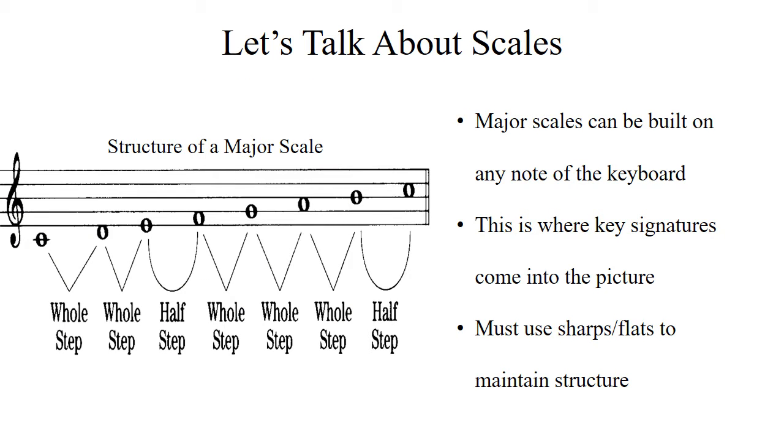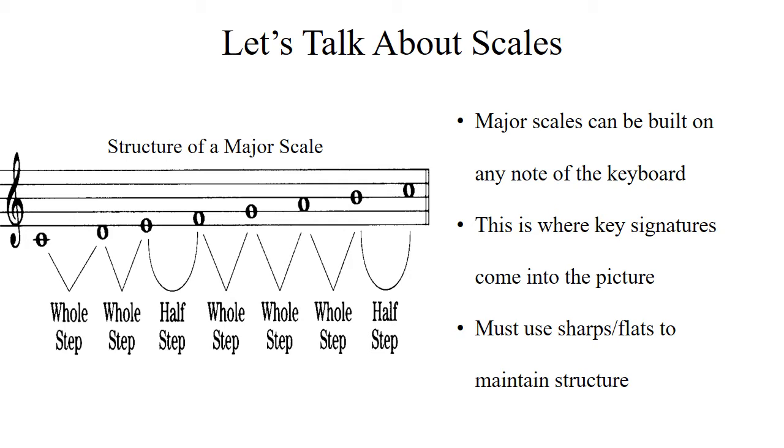So let's just backtrack a minute and talk about our major scale. Remember a couple days ago when we talked about our major scale structure and how it was a whole step, whole step, half step, whole step, whole step, whole step, half step structure? Well, we can use that structure to build a major scale off of any note on our keyboard.